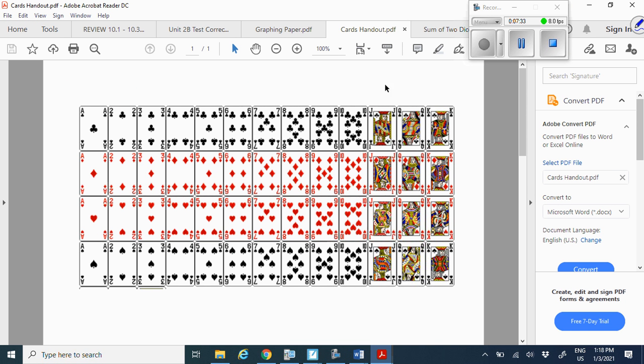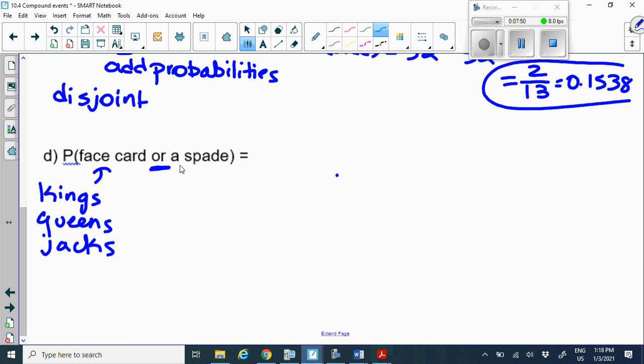Okay, so here, these are our face cards. And then we're wondering if it's a spade. Now, notice here that our face cards can also be spades. So actually, our face cards and spades have something in common. So this, if we go back to our notes, is going to be an overlapping event.